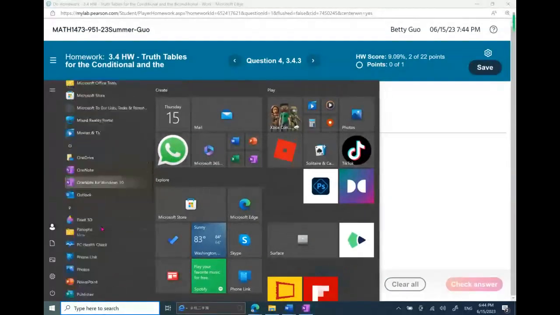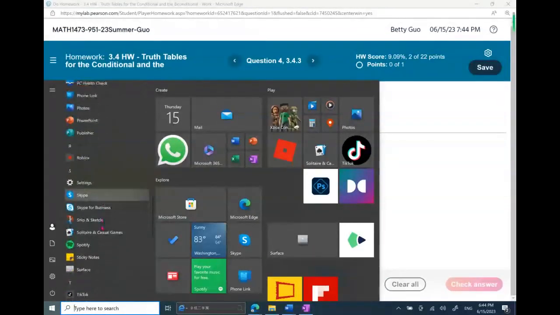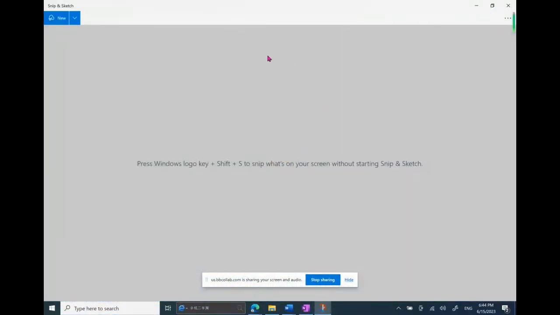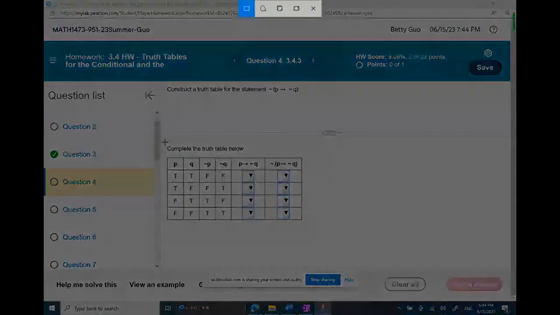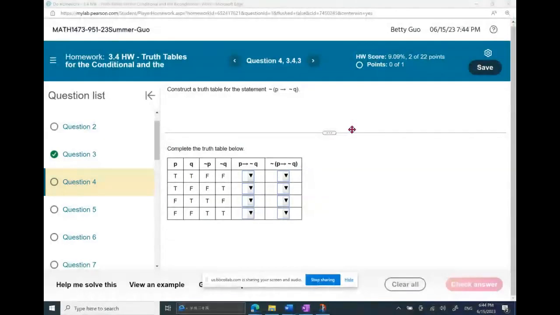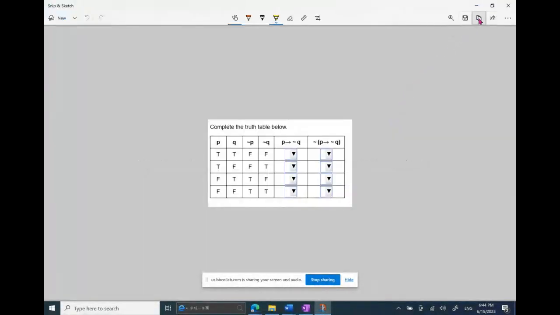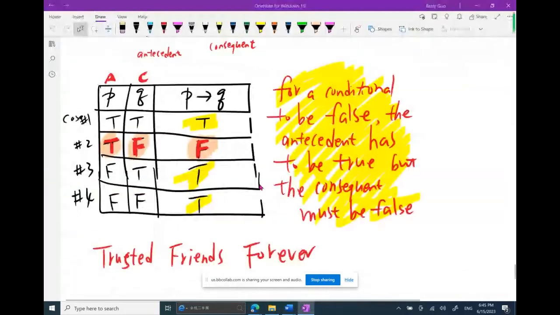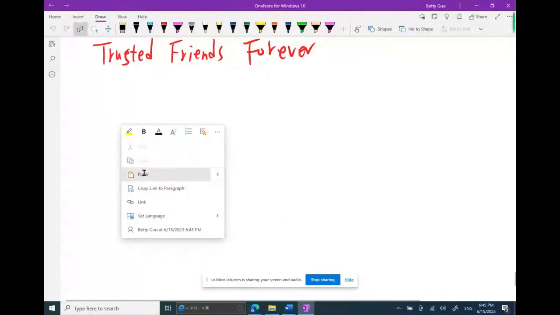Let me try to copy and paste. We do that in OneNote, otherwise it's going to be very fast. Let's complete the table in OneNote here.